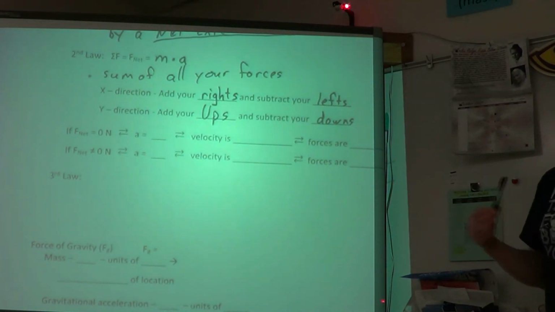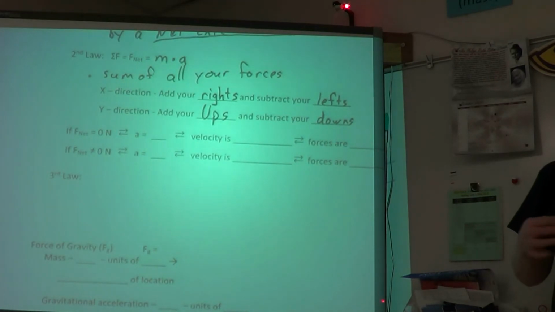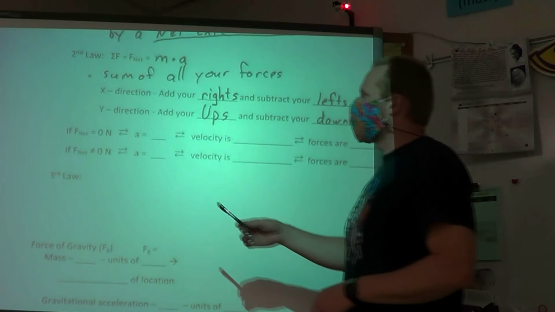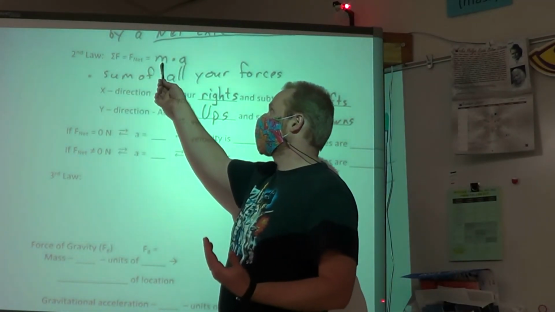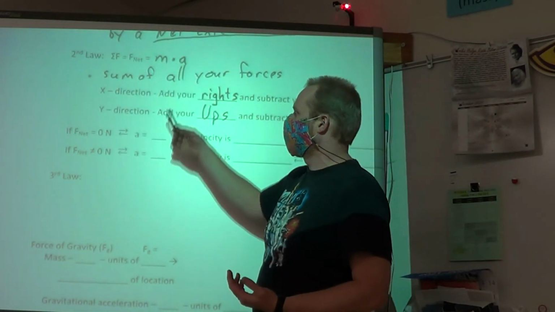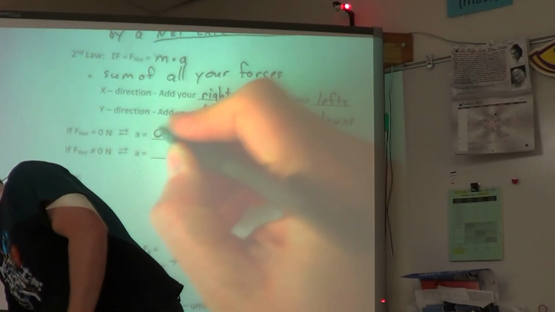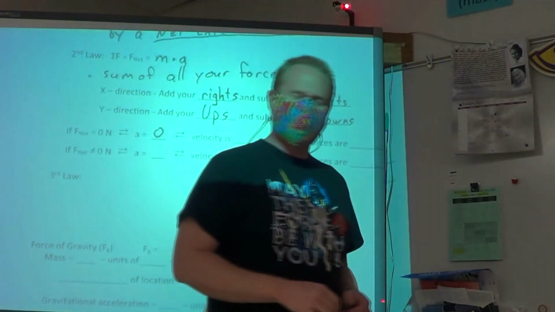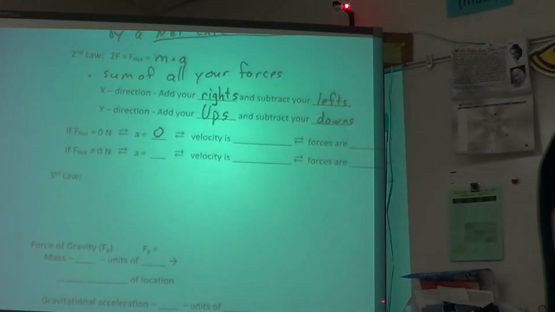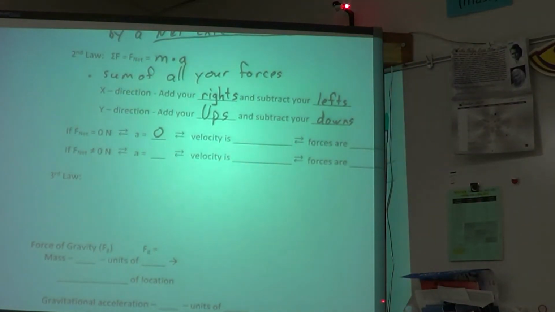So if just about everything in the world has mass, and if our F net is 0, then mass is not 0, therefore our acceleration must be 0. When we talked about acceleration, I talked about what causes acceleration, and I threw that out there just to plant that seed.